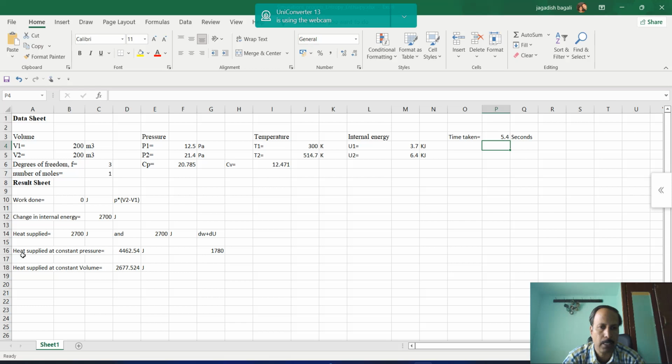We know that the change in enthalpy, which is heat supplied at constant pressure, is 4462.54 joules, and heat supplied at constant volume is 2677.52 joules. We know that during a constant volume process, the heat supplied must be equal to the change in internal energy, which is 2700. Change in internal energy is 2700, heat supplied is also 2700 joules.